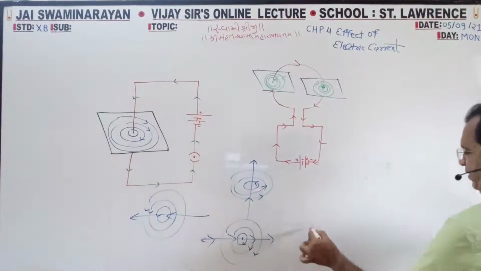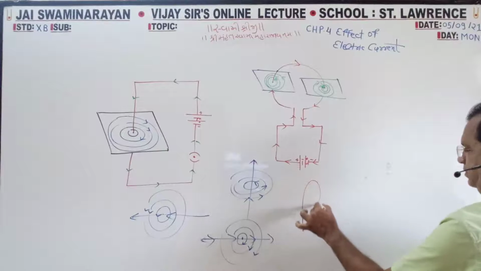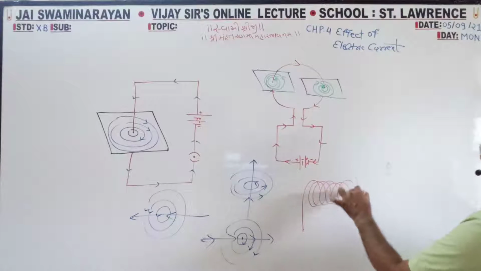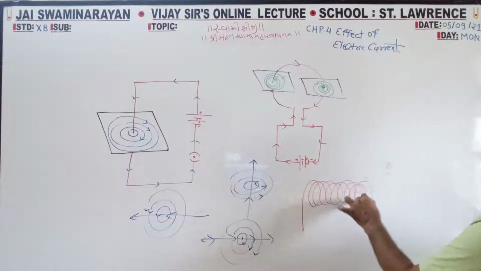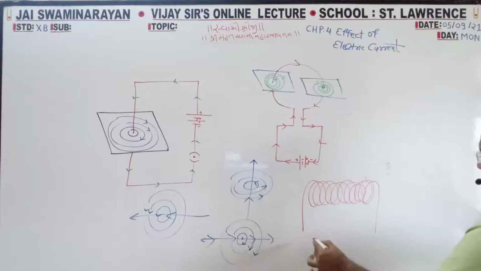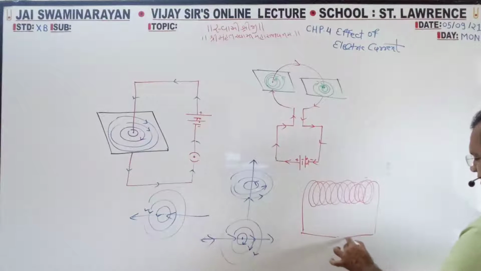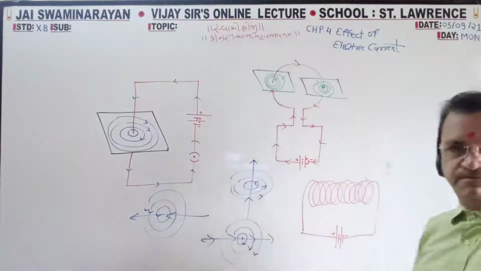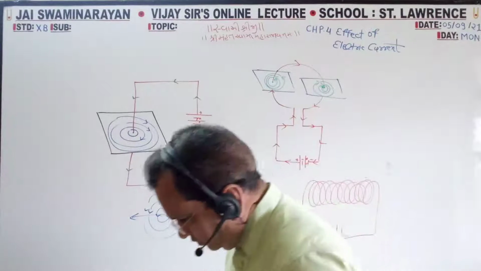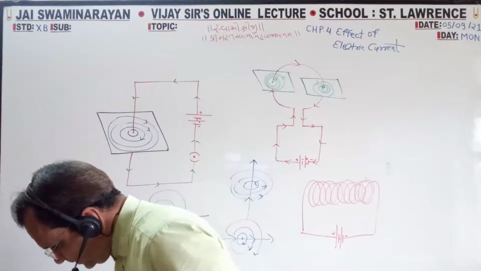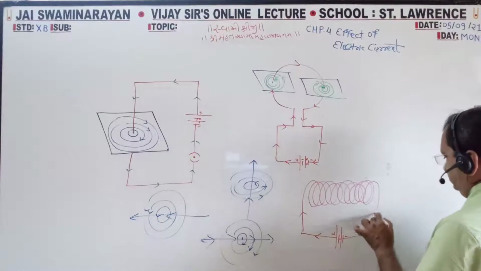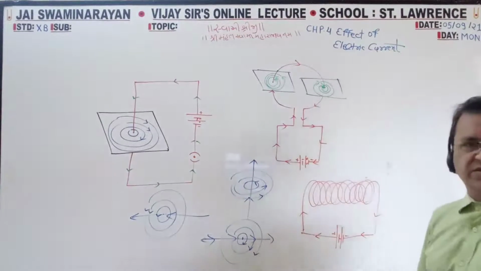Suppose this is a copper wire. One round, second round, third round, fourth round. Many rounds. And this is connected with the battery. Positive, negative, positive, negative. So current will pass from positive to negative.